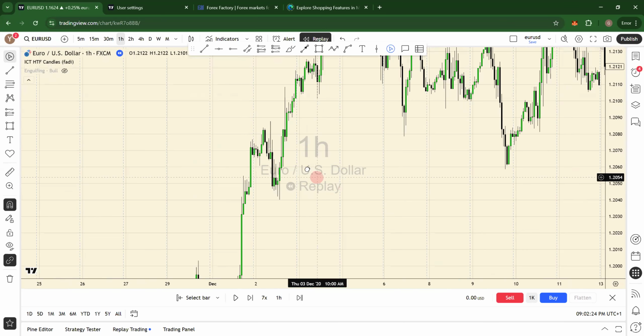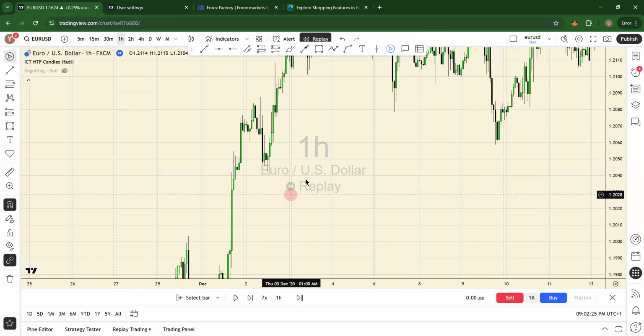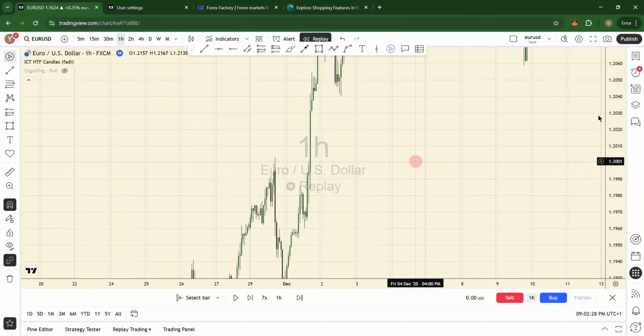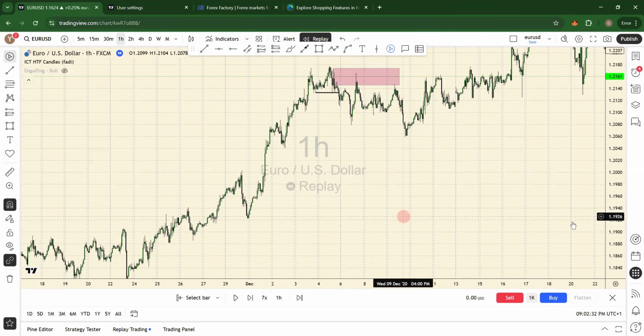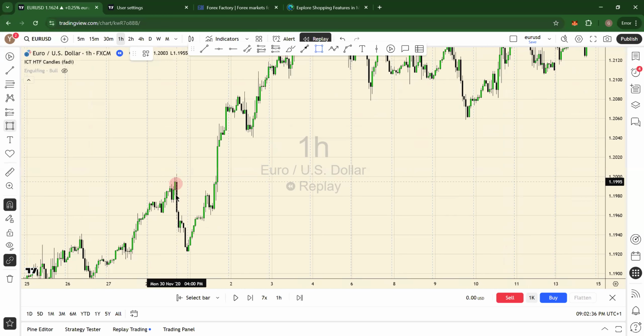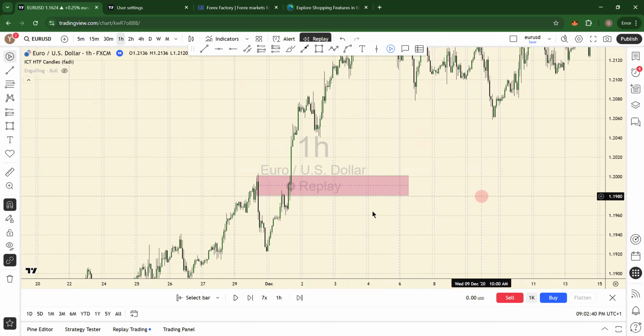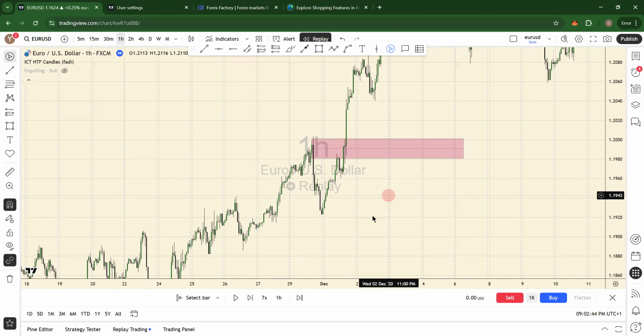It's a zone that has been mitigated, price goes back to it, and then there is one here that price has not come back to yet, and it's a good breaker zone. We have that other block like that. Price comes back to it in the future, it's going to be a good zone for selling.